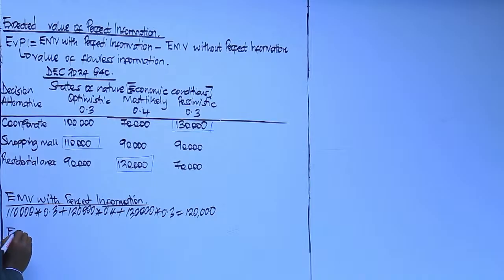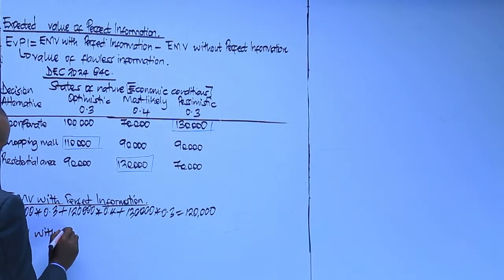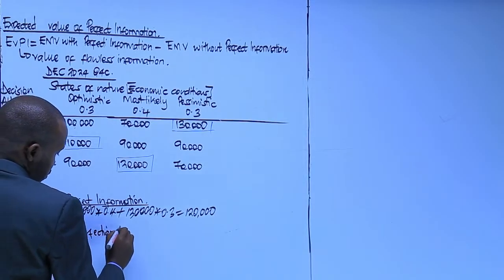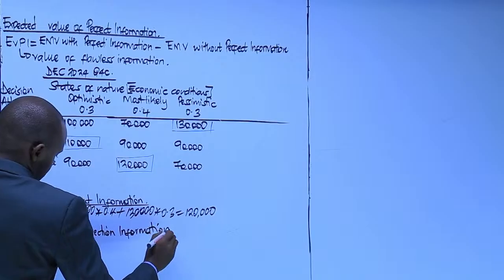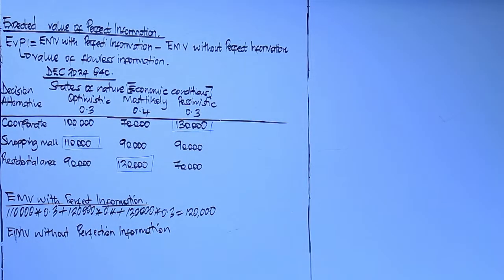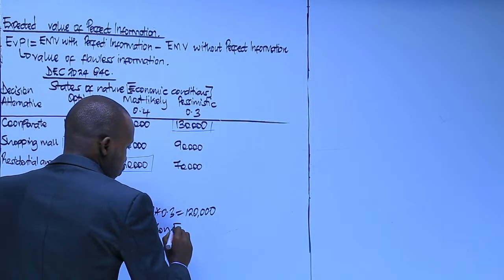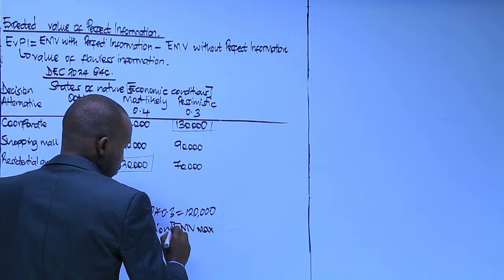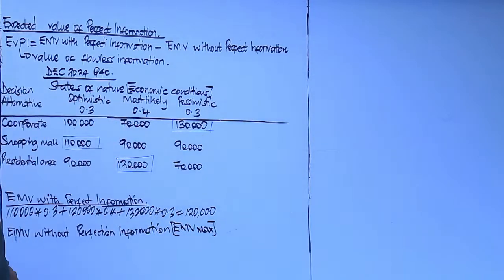Expected monetary value without perfect information is simply your EMV, your maximum expected monetary value. And how did we get your expected monetary value?